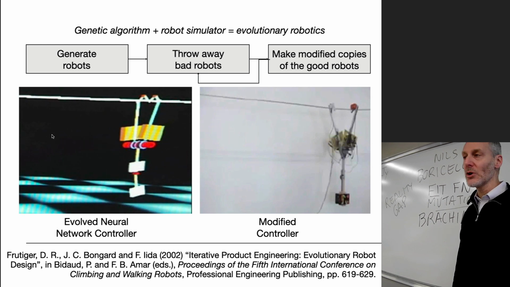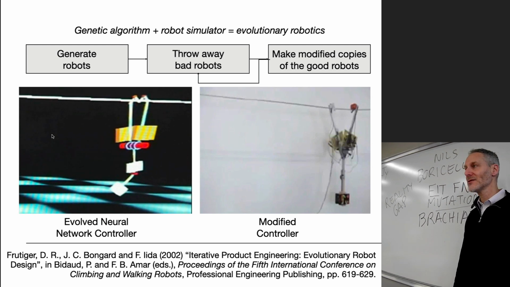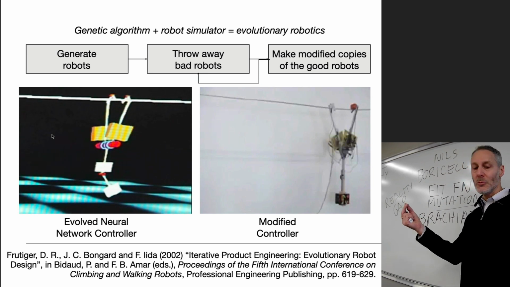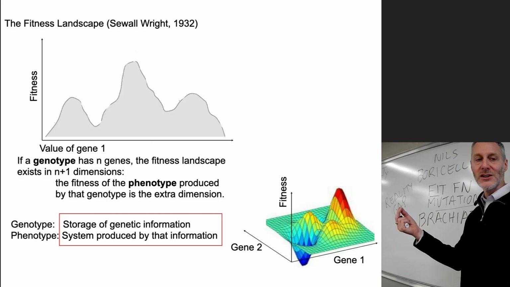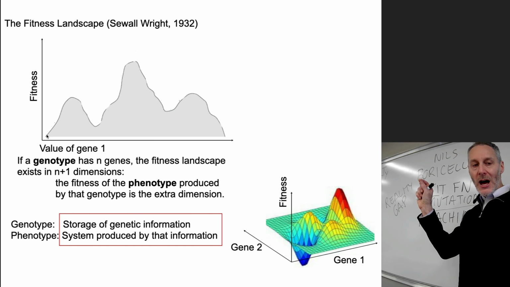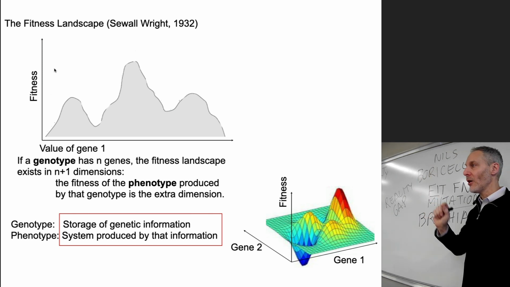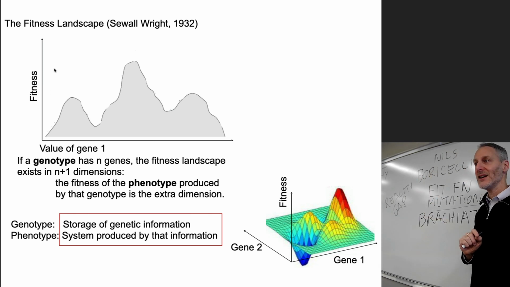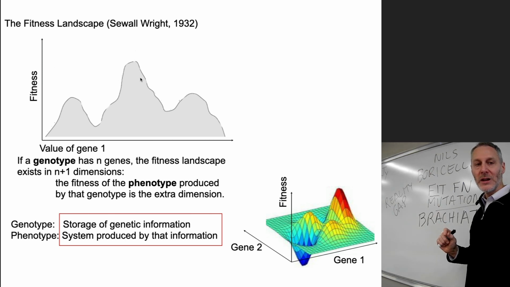How well do they brachiate from right to left? Doesn't really matter. But we assume we have some way to quantitatively measure fitness. For each one of these points, we then plot fitness as a value on the vertical axis. And if we now literally connect the dots, we get a 2-dimensional landscape.